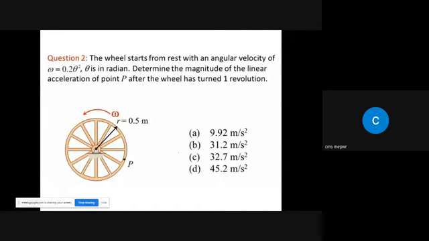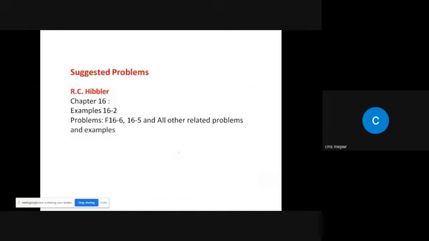You will select an option that closely resembles the answer you obtain after your calculation. Since we are doing chapter 16 of R.C. Hibbeler, you need to go through example 16.2 and the problems F16.6, similarly 16.5, not F16.5. And apart from this, you need to go through all related problems and examples.